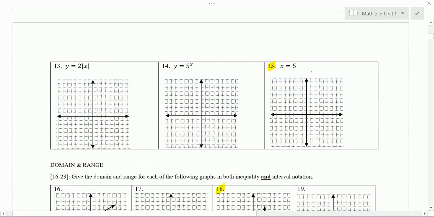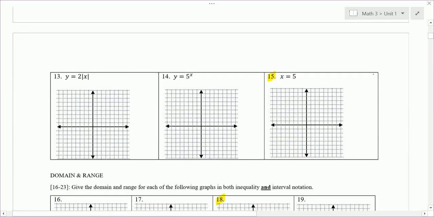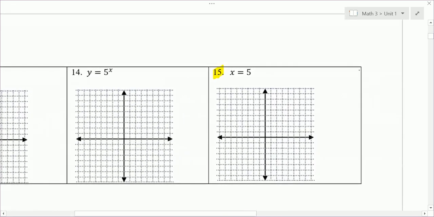I'm going to skip now to 15. 15 is a special case. It only has an x variable. There is no y variable. This is linear. But not only is it linear, when you have an x equals a constant, it's going to be vertical. If we had y equals a constant, it would be horizontal.